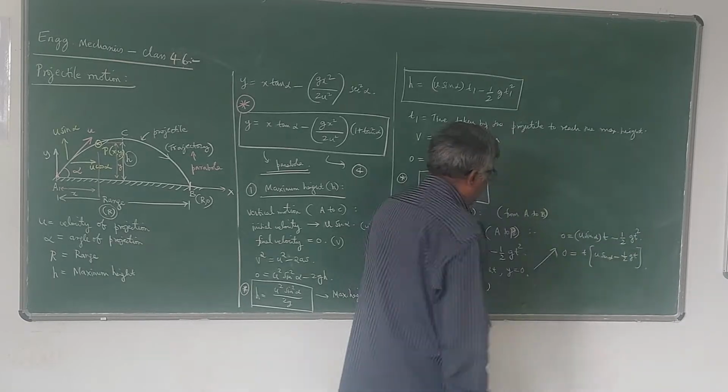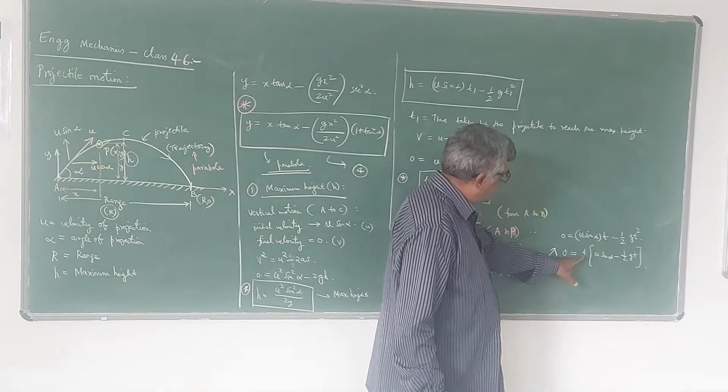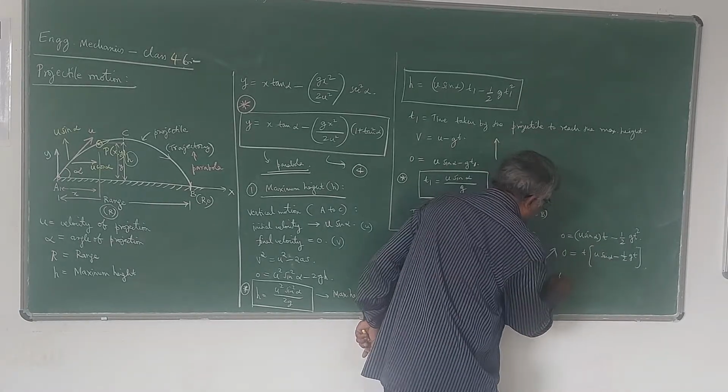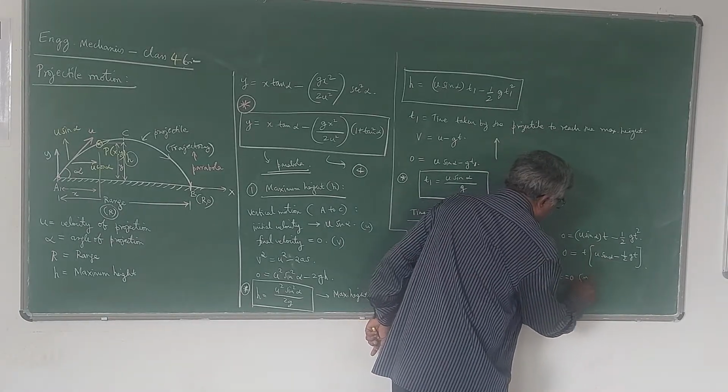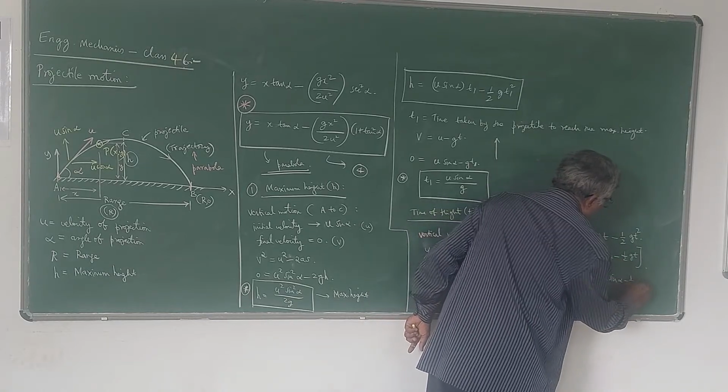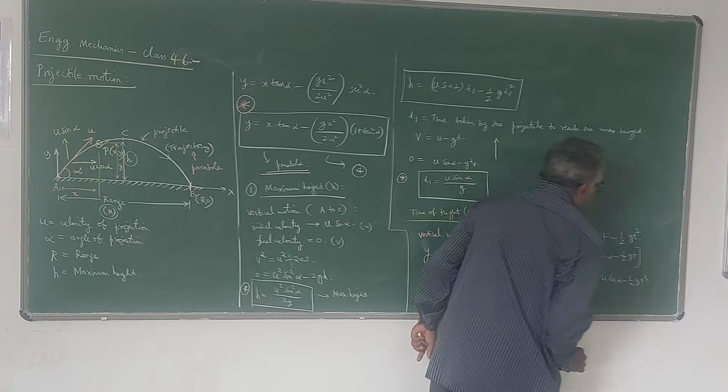Since the LHS is 0 and this is a product of two quantities, either t should be 0 or u sin alpha minus half g t should be 0.